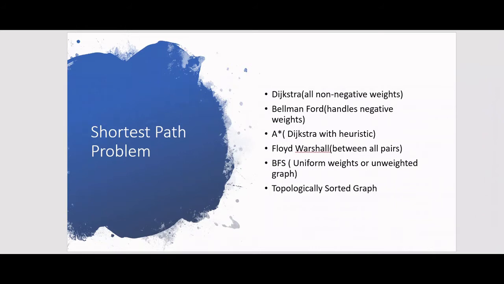So if you are given a graph where it is unweighted graph, or it is weighted graph, but then the weights are uniform in the graph, then in that case you can simply use BFS, and BFS will find out the number of levels between one point to other and thereby give you the shortest path.